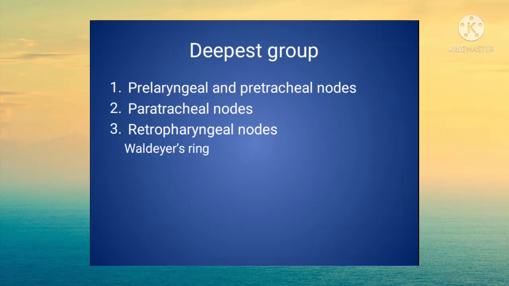The deepest group includes prelaryngeal and pretracheal lymph nodes, the paratracheal nodes, and retropharyngeal lymph nodes. The prelaryngeal lymph nodes are situated in front of the conus elasticus, and the pretracheal lymph nodes are situated in front of the trachea and above the isthmus of the thyroid gland.